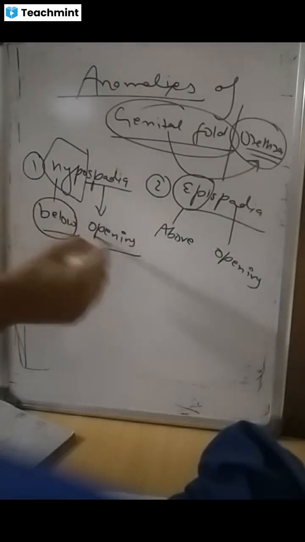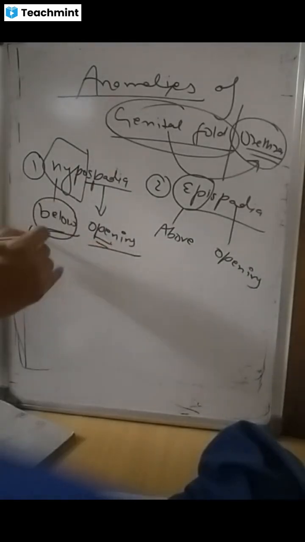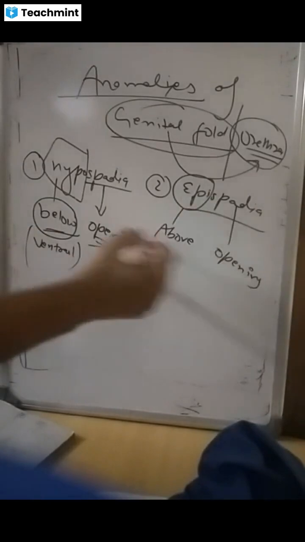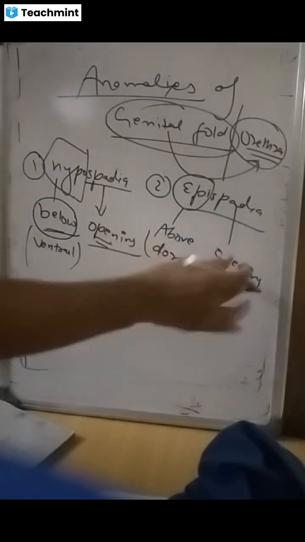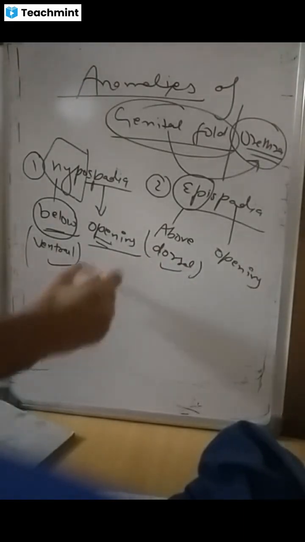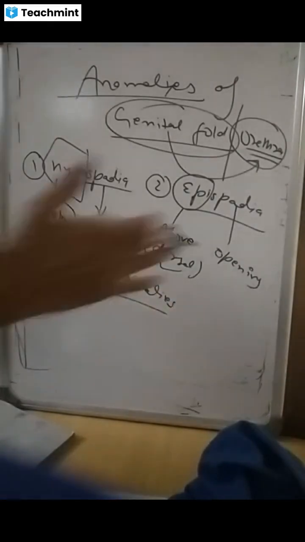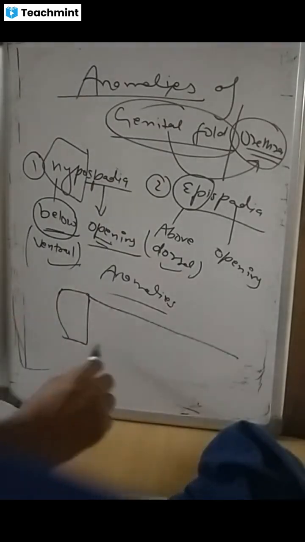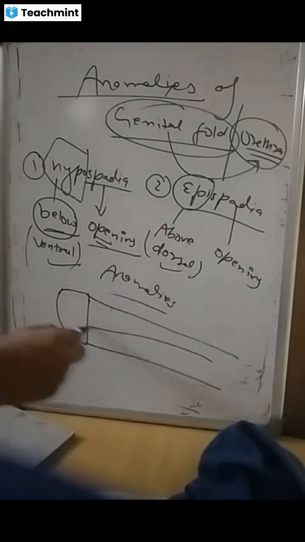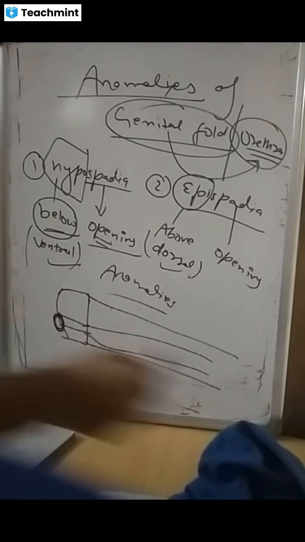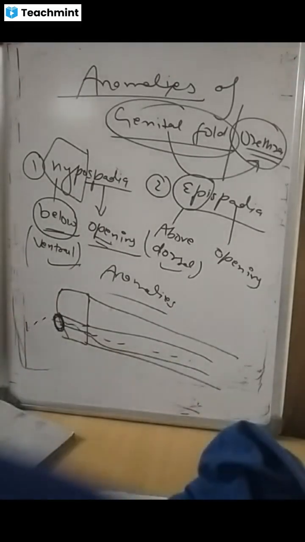Hypospadias says there is opening of urethra that is below, so ventral opening, and epispadias means dorsal opening. It means ventral or dorsal anomalies. So what is the normal opening? Up to the penile urethra, and it will come out from the tip. This is the normal opening.